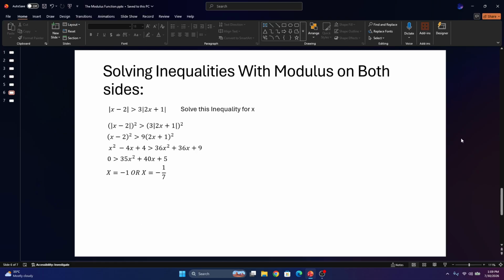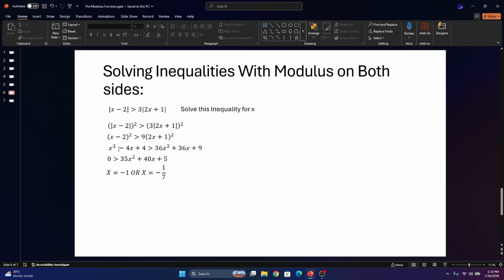Now, with an inequality with modulus on both sides, we're going to follow the same rule as we did with the equations. However, one thing to note is that this only works with modulus on both sides of the inequality. So for example, here there is a modulus on both sides of the inequality, and so we're going to square both sides, the entirety of both sides. So this 3 right here is going to be squared as well.